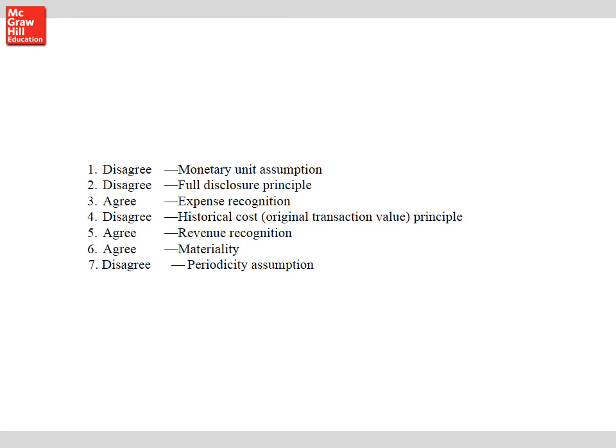It was proper. Gigantic Corporation in number 6 purchased 2 small calculators at a cost of $32. The cost was expensed even though they had a 3-year estimated useful life. That is fine. They are in line with the materiality concept. They didn't cost that much money. $32 for 3 years.